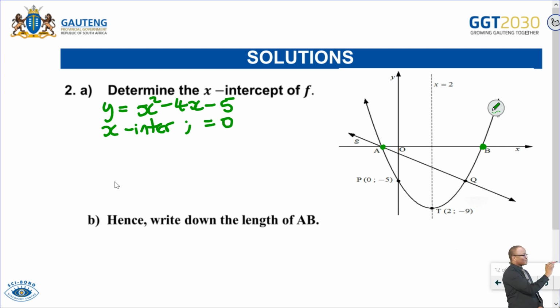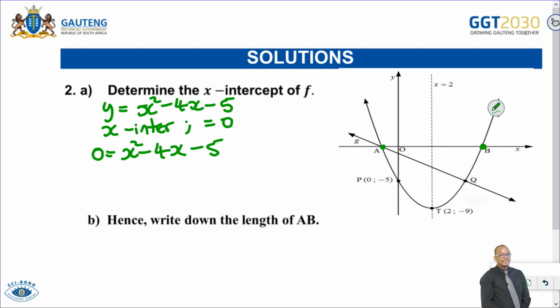So where there is y, we substitute 0. We're going to have x squared minus 4x minus 5 equals 0. Now we can see that it's a quadratic equation. So when we have a quadratic equation, we always have to use the quadratic formula.